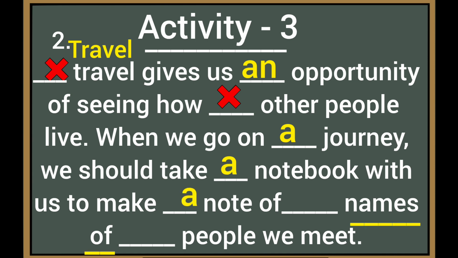Names of is there, so before names we can use the. After people, what is written? We meet. So here people is specified, identified. So we will use the definite article the here. So the correct sentence is: When we go on a journey, we should take a notebook with us to make a note of the names of the people we meet.